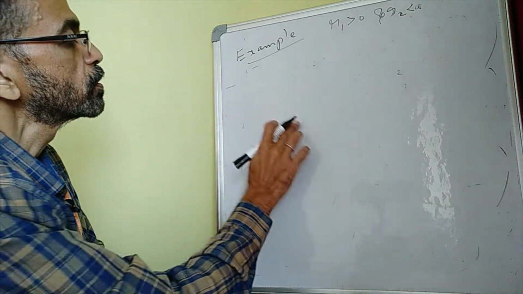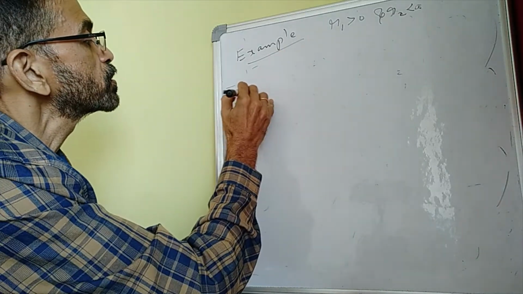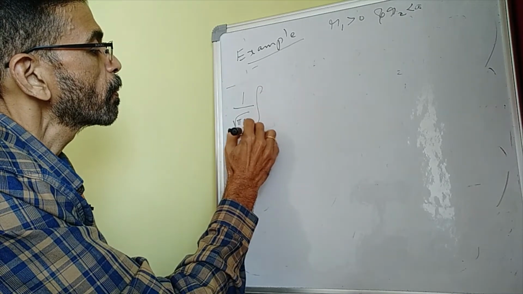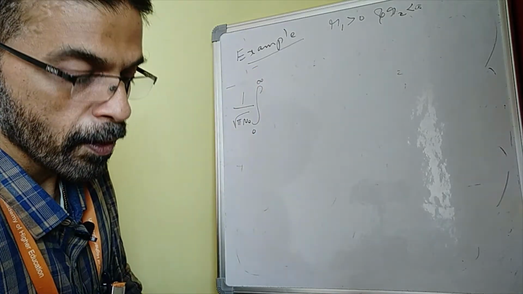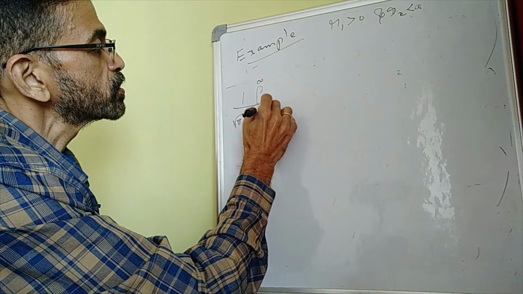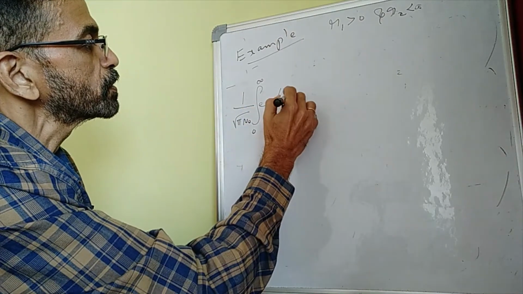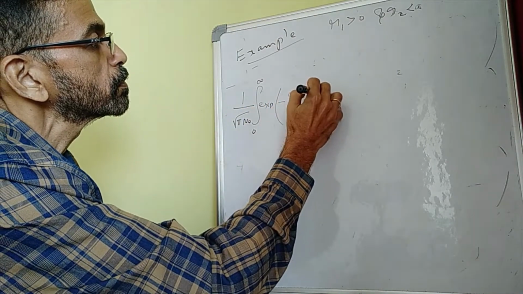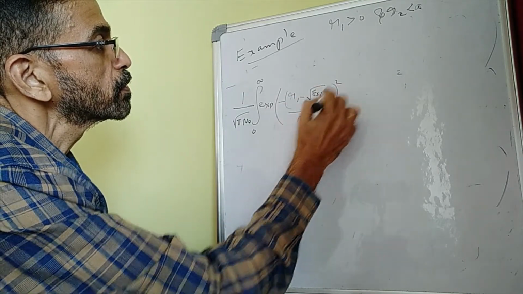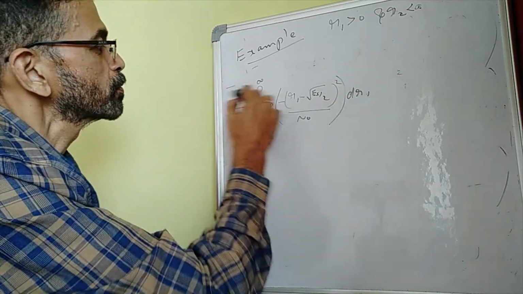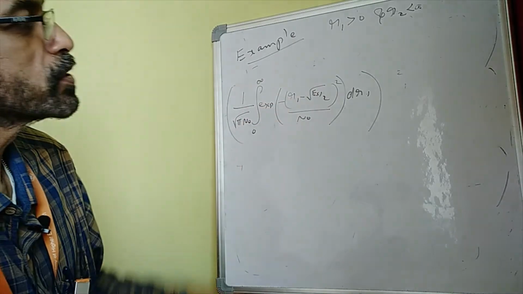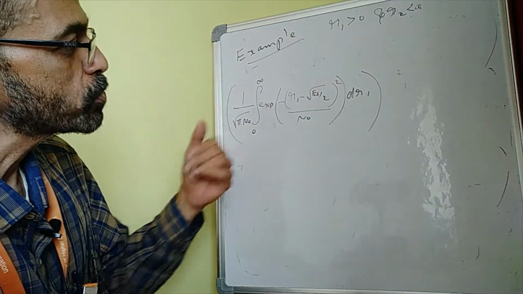So R1 has to be greater than 0, and we have to integrate the density function from 0 to infinity. This is the probability of R1 being greater than 0, and simultaneously R2 has to be less than 0.